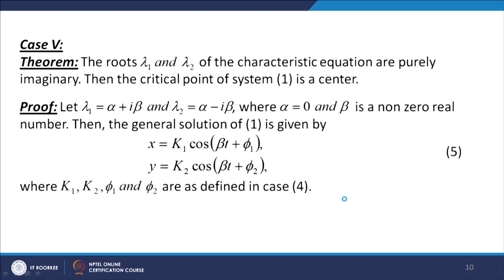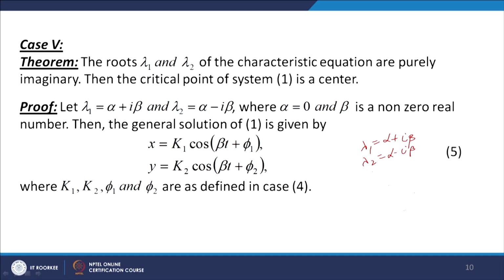Now, let us consider the next case, the last case. The roots lambda 1 and lambda 2 of the characteristic equation are purely imaginary. So here we will assume that lambda 1 and lambda 2 are purely imaginary, that is, their real part is 0. We had assumed lambda 1 to be alpha plus i beta and lambda 2 to be alpha minus i beta.